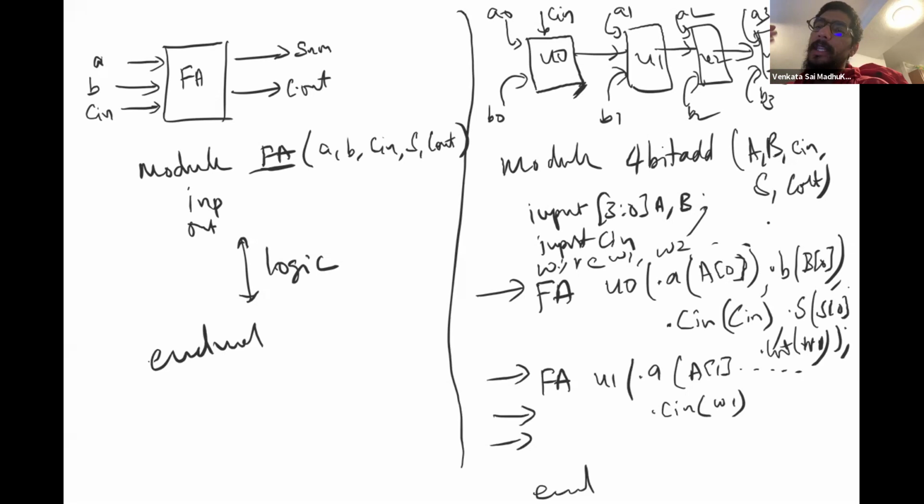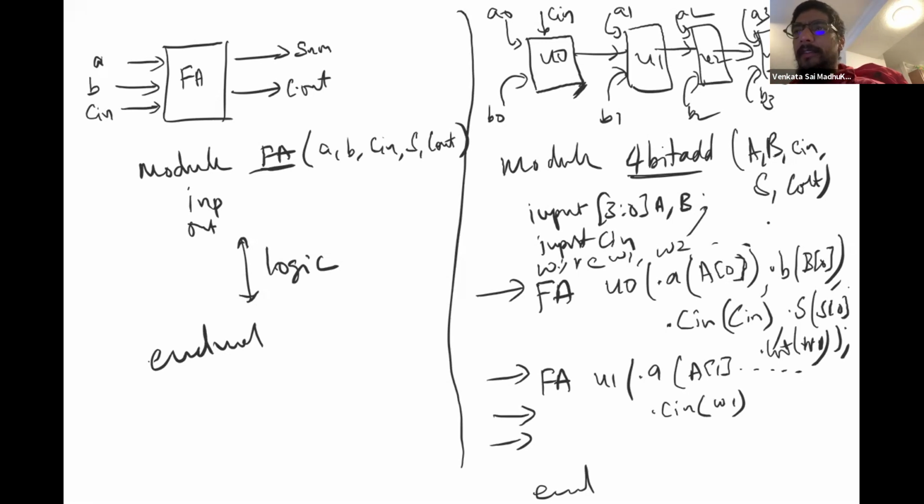Because we are declaring it at a higher level of hierarchy, our 4-bit add becomes the top module for our project at that point in time. If we were to end our project there, then our 4-bit add is the top module. But if we are using 4-bit add elsewhere, then that new module becomes a top module and things like that.